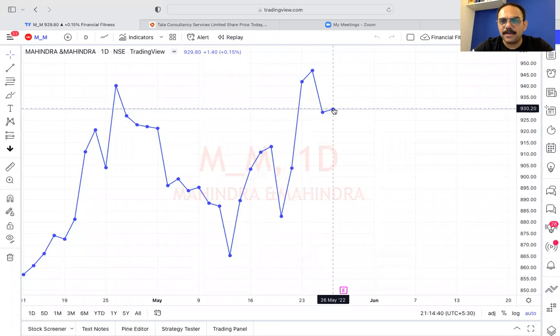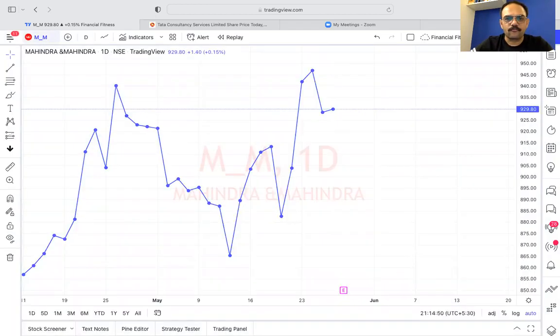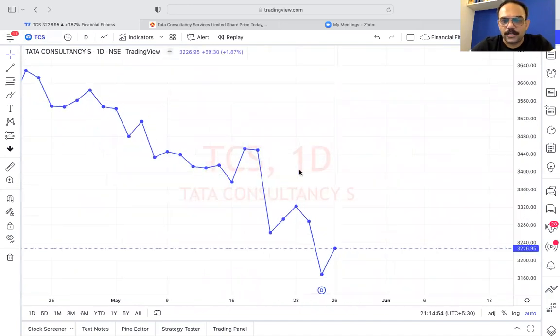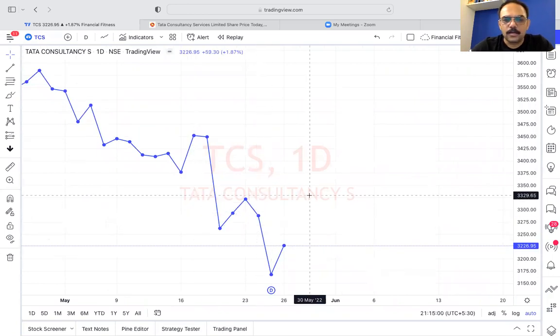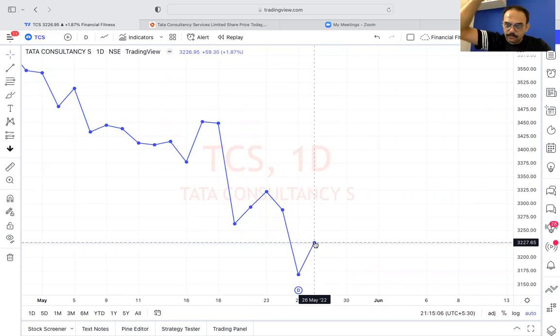Here, when I keep my mouse over the last dot, you have to see two things. Oh, this is Mahindra and Mahindra. Let me change to TCS. Now when I am keeping my mouse here, can you see the date below the mouse?